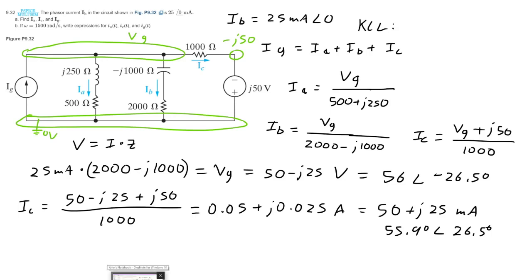Using that, we can find our last current, IG. We're going to add up all of these currents.